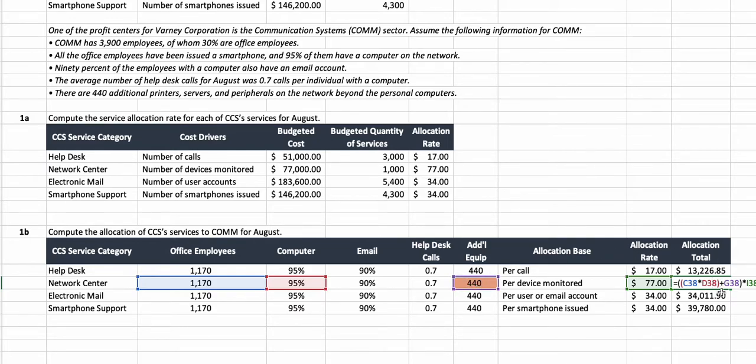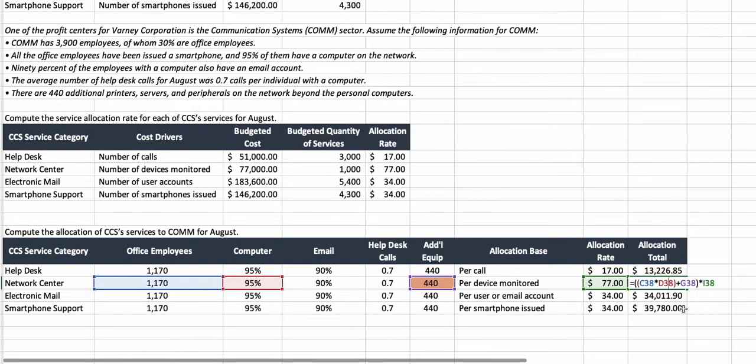So if you look at the formula that I have, and I'm going to slide over just a little bit, there we go. You can see that I'm multiplying my universe of 1,170 by the 95%, and I want to close my parentheses. Then I want to add in the 440 because I have 440 additional equipment to factor in. And then I want to close my parentheses around that and multiply it by the rate of $77.